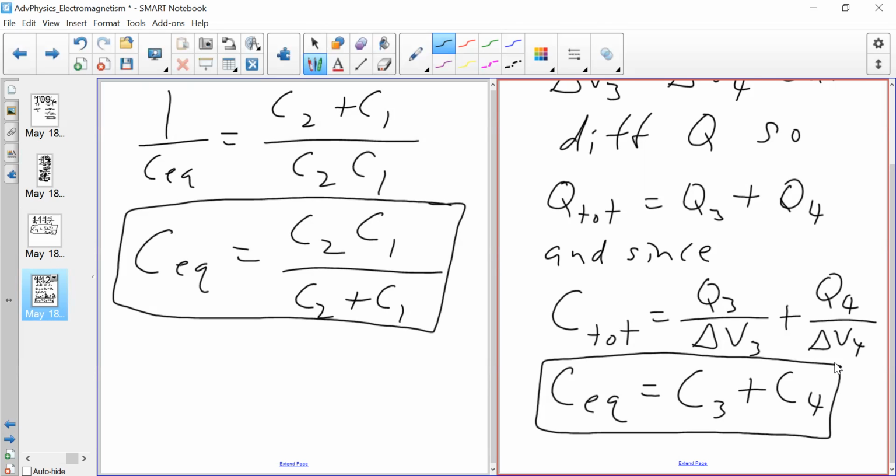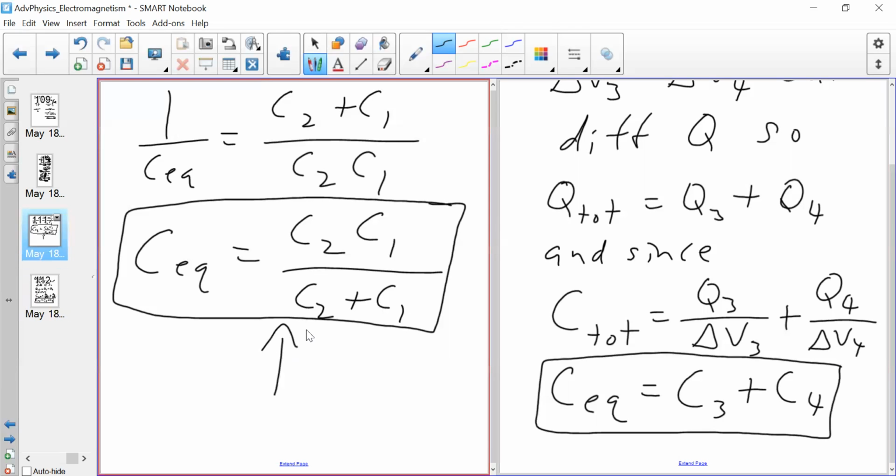In parallel, you can just add up the capacitances, and that gives you the one capacitance that will do the same job as those two in parallel. Vice versa for series, this equation will give you the one capacitor that would do the same job as those two capacitors in series. Any questions on that?